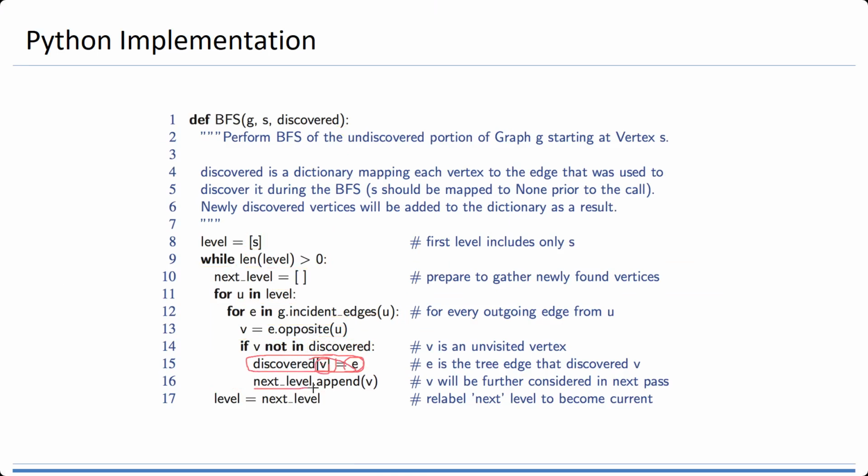And then for the next level, let's append the V. So we will do this loop from this E, and then at the end we will return the level. So the level will be equal to the next level.